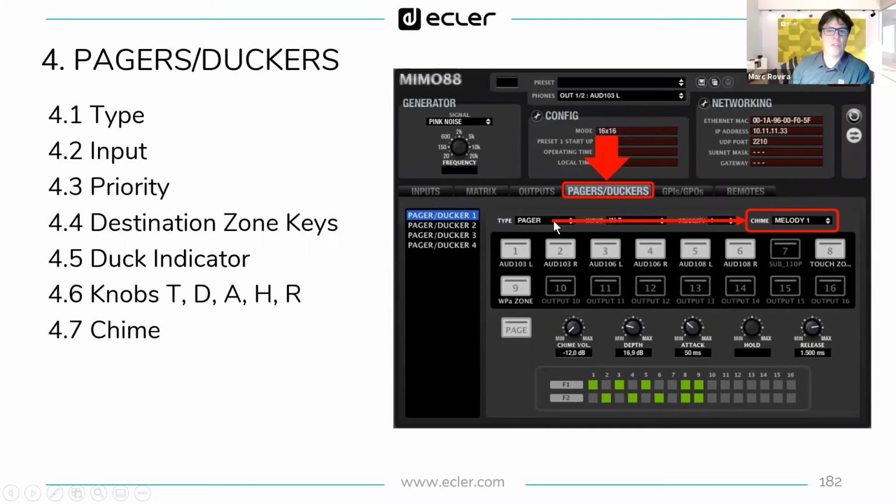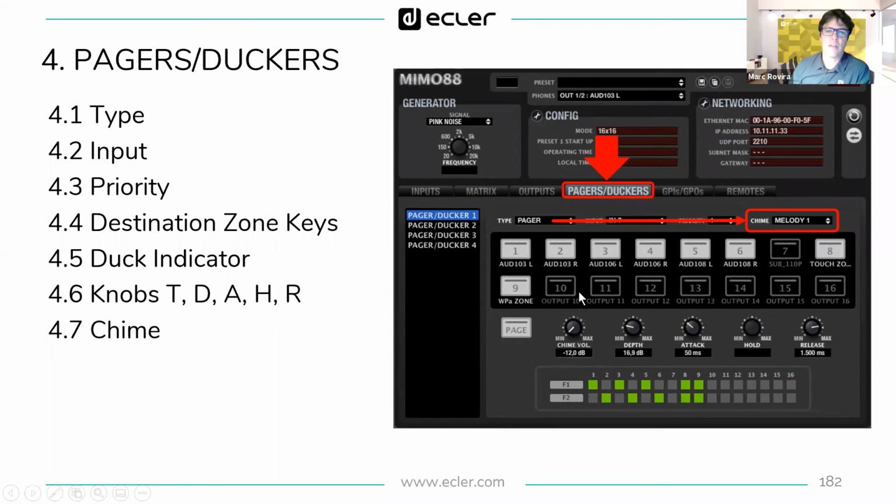The pager module is almost the same, but we have here the chime, ding dong ding, ding dong dong, and we have also the zones the paging station can select to send a message.